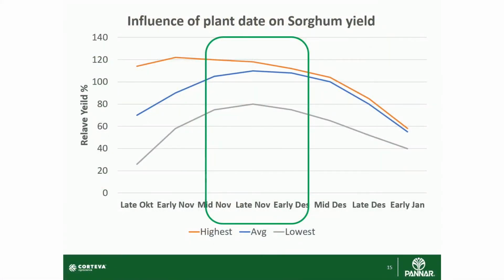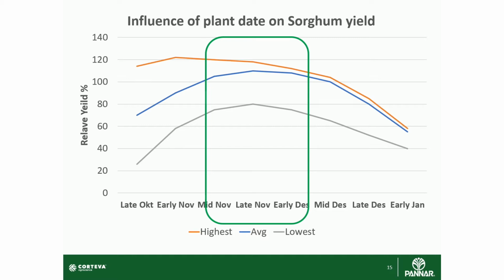The influence of planting date on sorghum yield is well known, but you'll see in this trial data over time that in high yield environments a bit earlier planting will work, but in most scenarios your ideal planting date is between mid-November and mid-December.